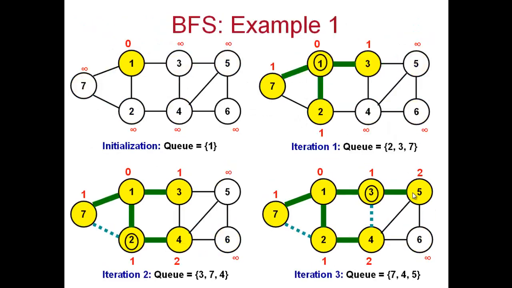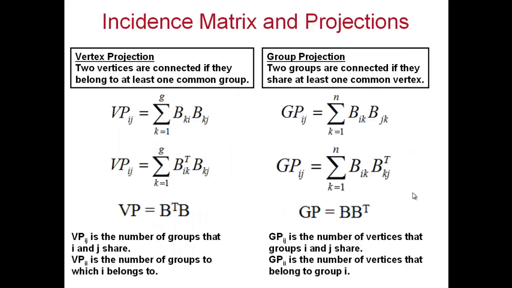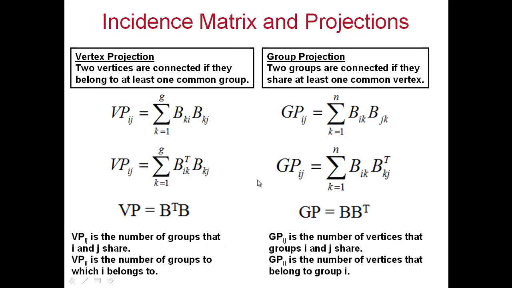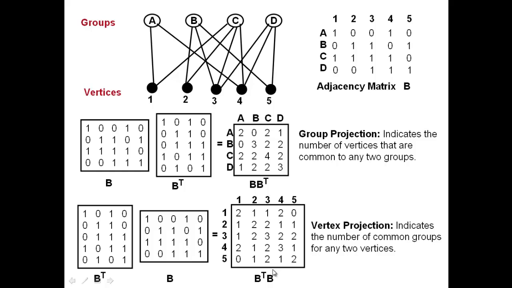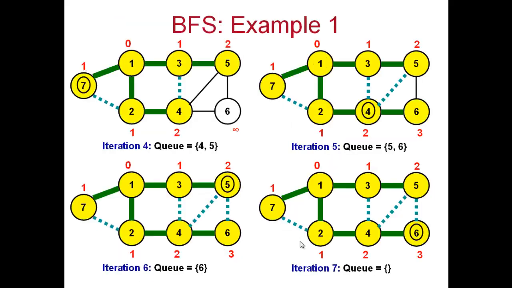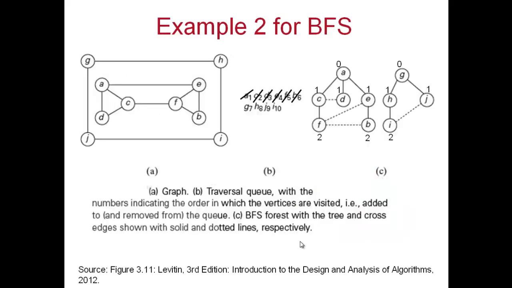And then do this analysis of vertex projection and group projection. Once you identify such a partitioning, then you can come up with the adjacency matrix of that bipartite graph and do all this matrix multiplication process to get the vertex projection and group projection and come up with these matrices. So that could be a larger complete question. So you need to run breadth first search, identify the two partitions of the bipartite graph, and then come up with the vertex projection, group projection.